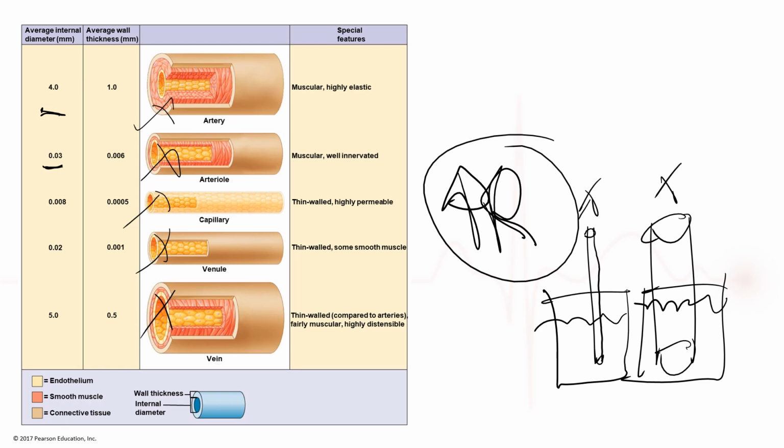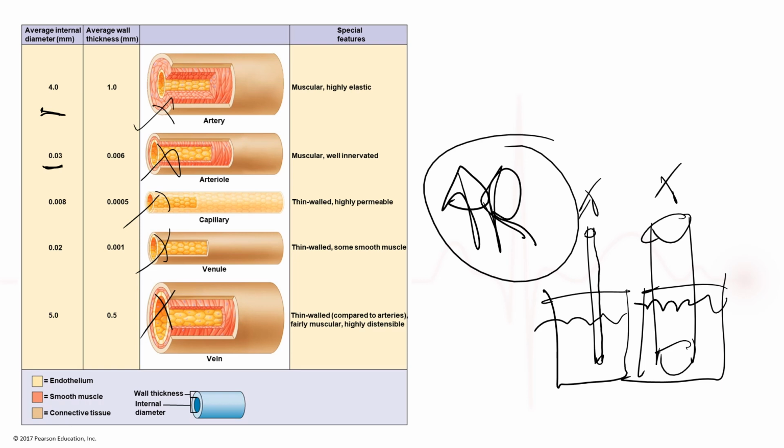The explanation for why it's so much easier to drink water through a straw with a very wide diameter is because there's less resistance to the flow of the fluid within the wide diameter straw compared to the narrow diameter straw.